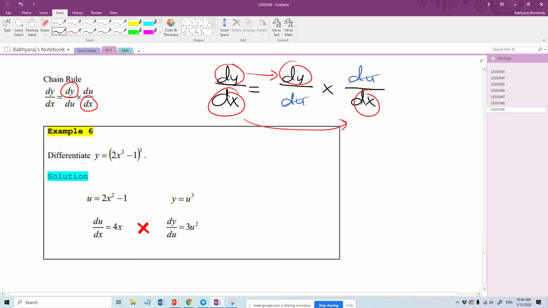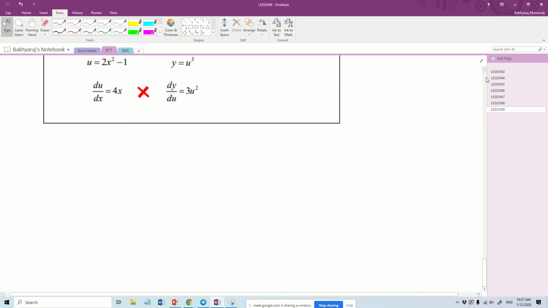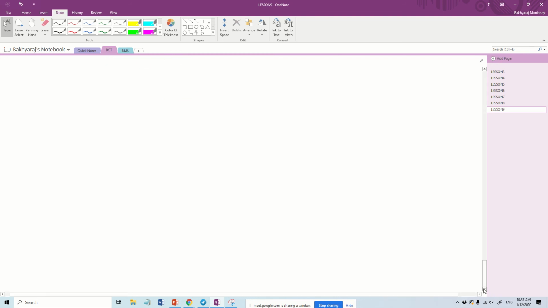So I take the same example. Example 6. I recall what we call the chain rule. Come, copy this question. Number 1: y equals (2x squared minus 1) power of 3.